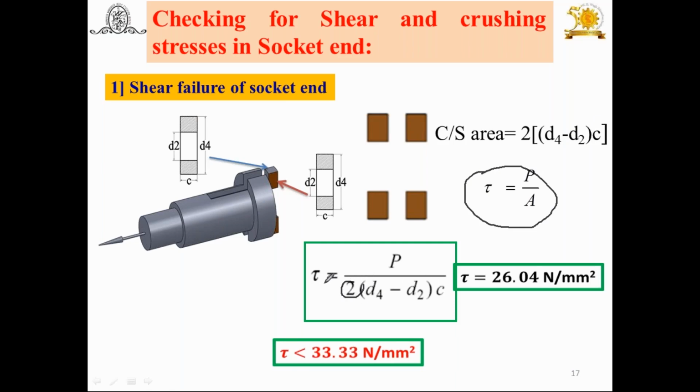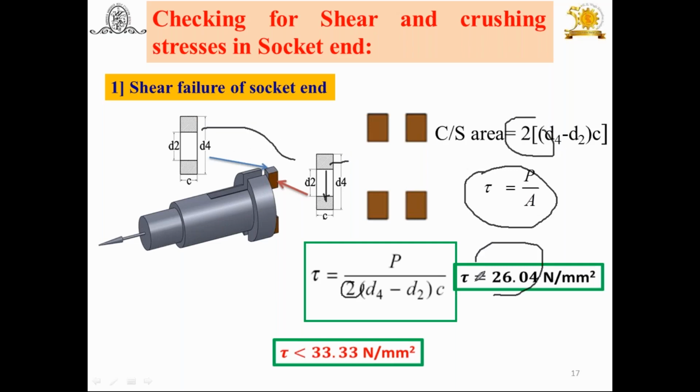For a single one, D4 minus D2 into C, and there are two areas, that's why 2.